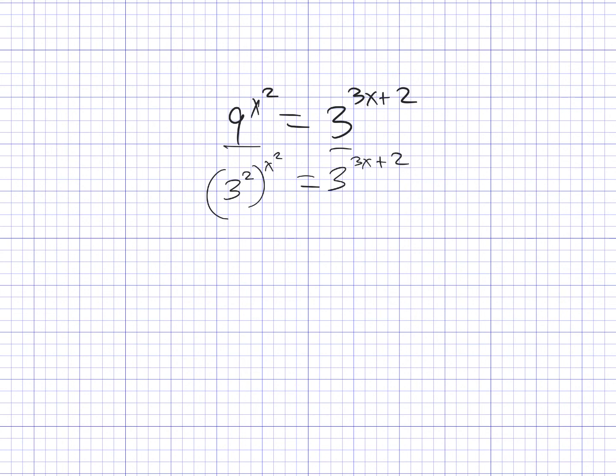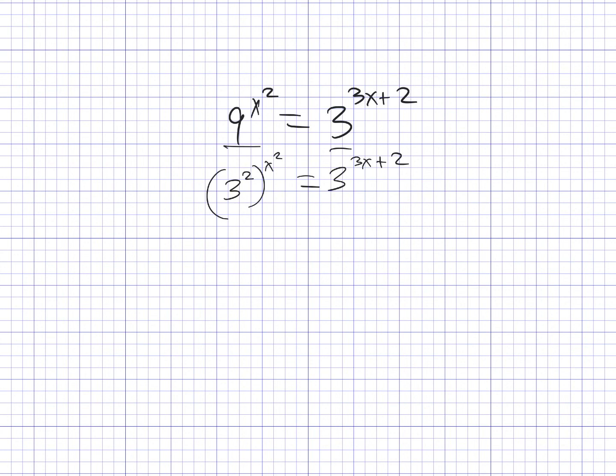How about do this one for me? 9 to the x squared equals 3 to the x plus 2. Go. So you got to get your bases the same. So 9 is the same as 3 squared. How many people got that far? Okay, good.